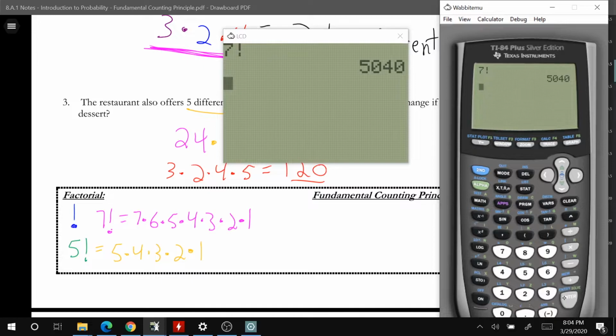You could type it that way. But for some of these problems, it might just be easier to type 7 times 6 times 5 times 4 times 3 times 2 times 1, and you get the same answer.